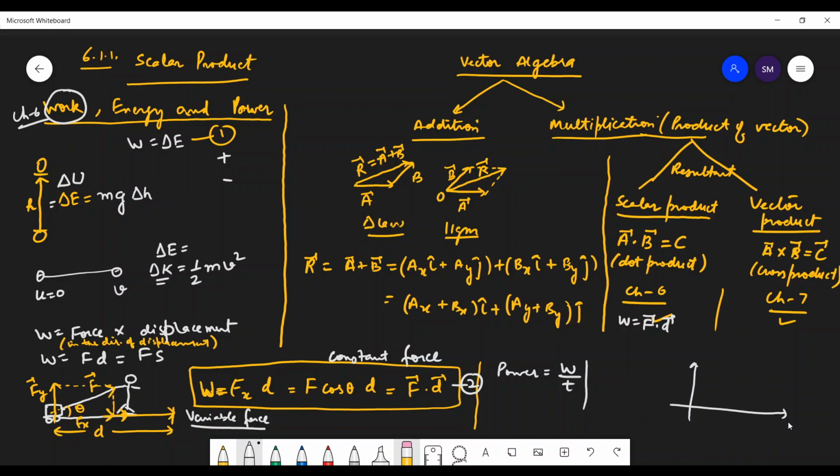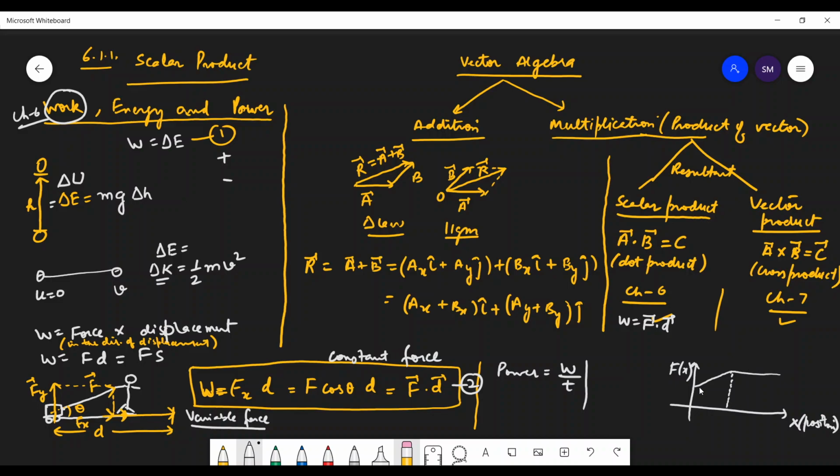So suppose the force was increasing and then becomes constant. So up to this point the force was changing, but I have the formula for the constant force only.